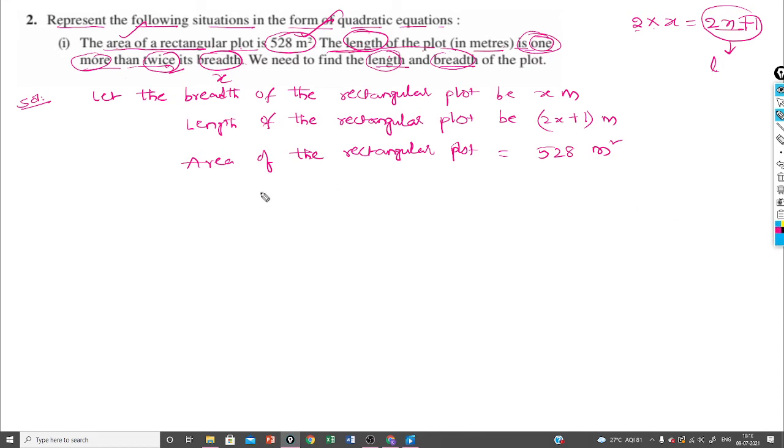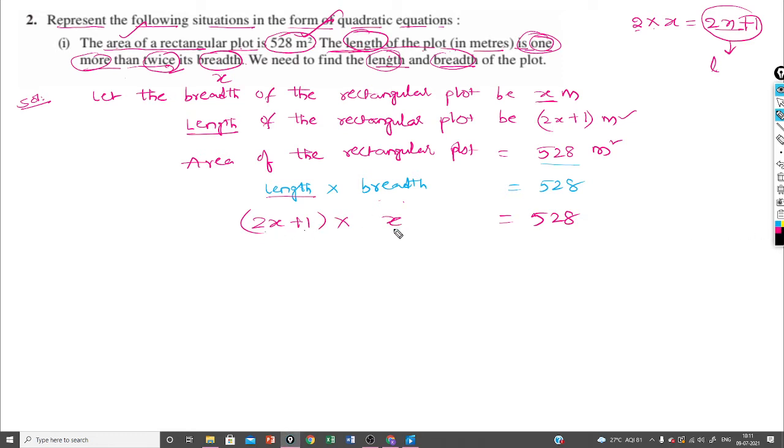Length into breadth. So length into breadth is 528. What is length? As per this line, length will be 2x plus 1 meter. So (2x plus 1) into breadth. How much is the breadth? Breadth is x meter. So (2x plus 1) into x is equal to 528.